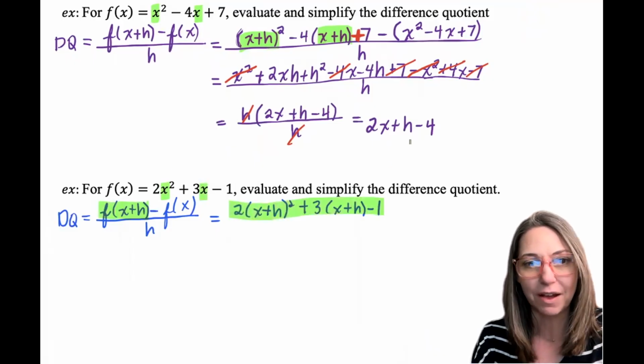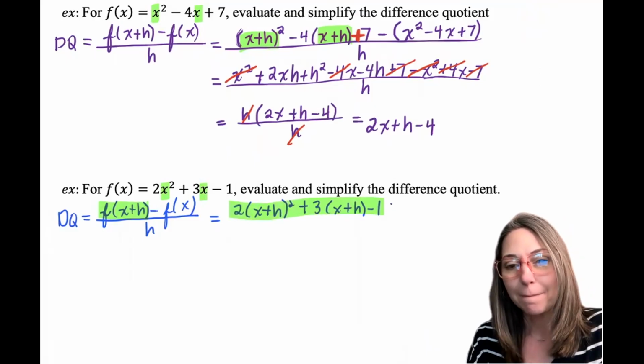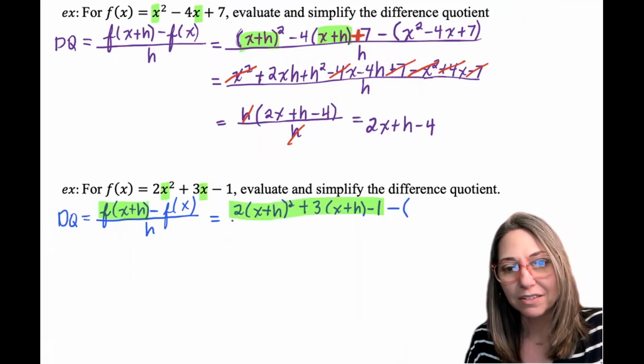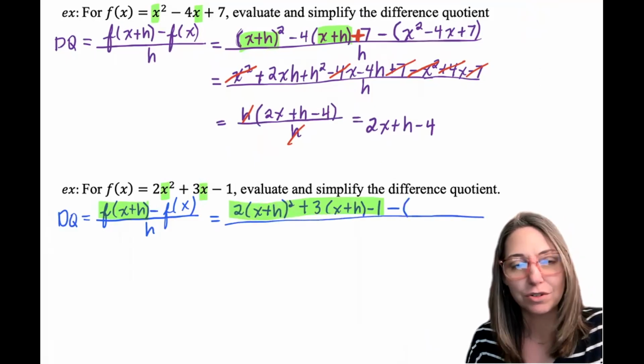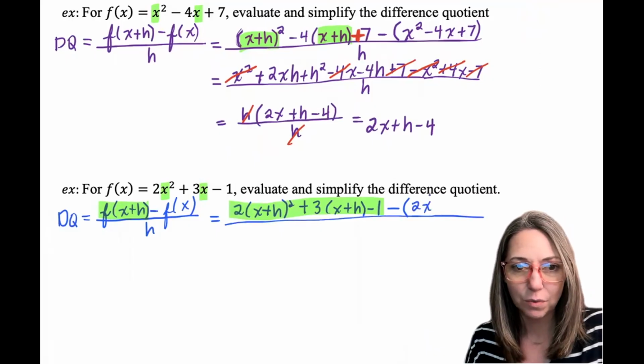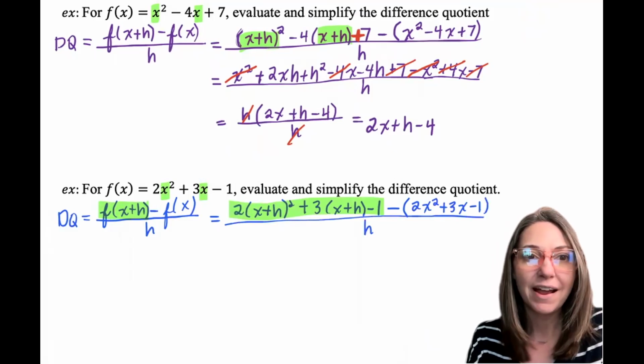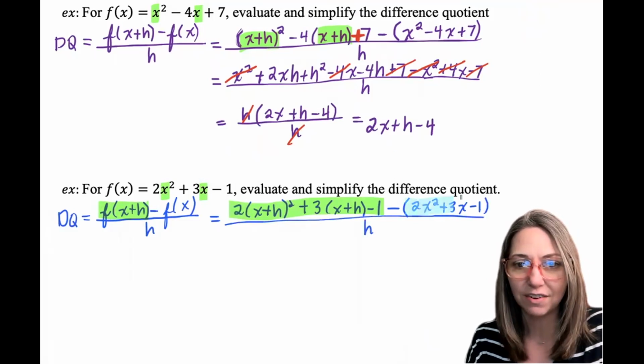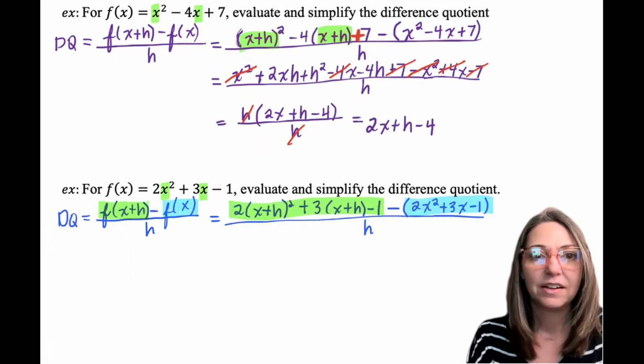In green is the f of x plus h minus f of x. So open your parenthesis or just distribute the negative in your head. But I'm going to recopy 2x squared plus 3x minus 1. That is my f of x function right there, okay?